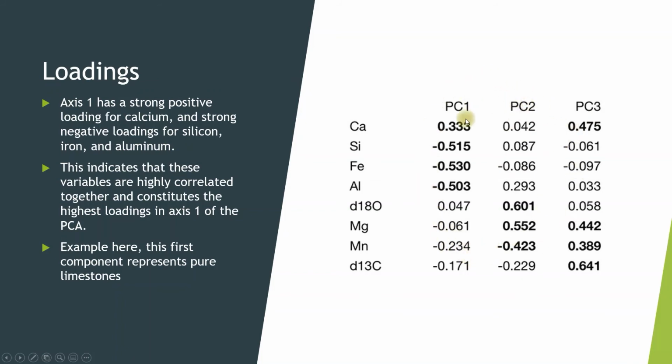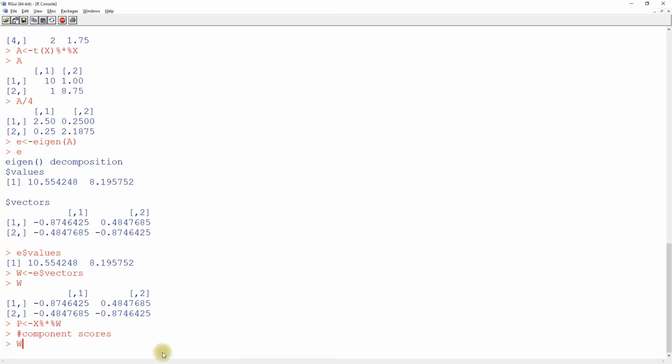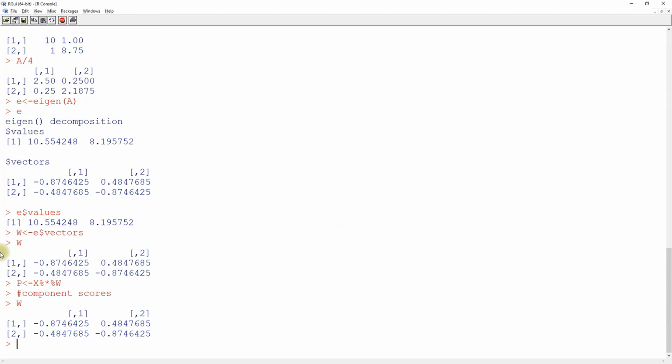These component loadings represent our matrix W. When you apply principal component analysis to the original data set, what you are seeing as a result here is just your principal component loadings, which we refer to as the eigenvectors of your variance covariance matrix. So this is just for you to find yourself. If you got lost in all these different explanations, you can still trace back what I'm doing. Just let me remind you, W represents your component loadings.